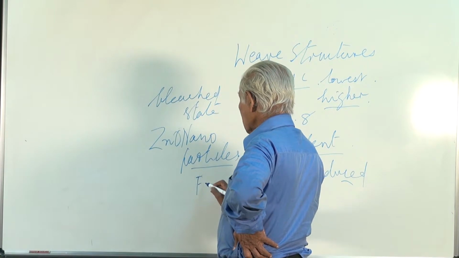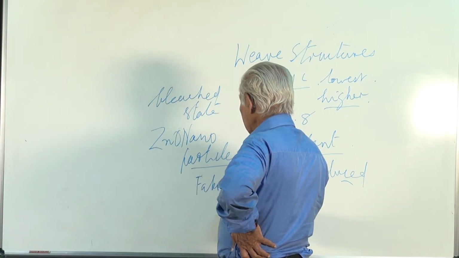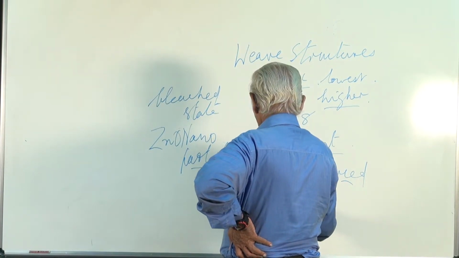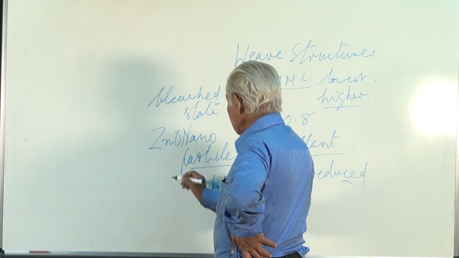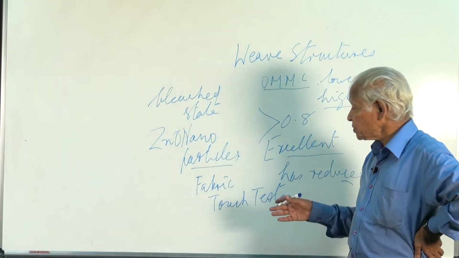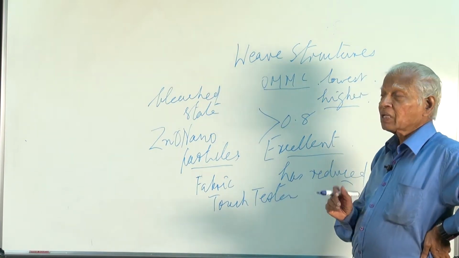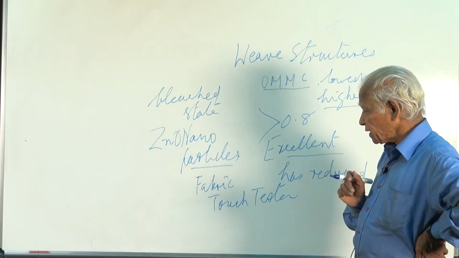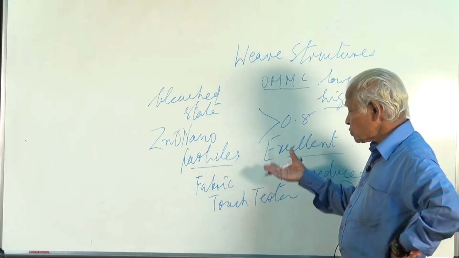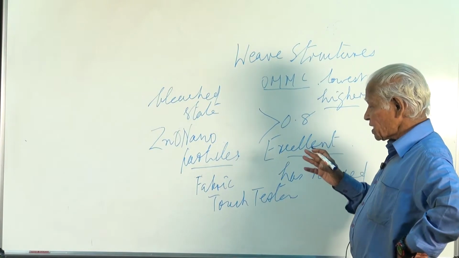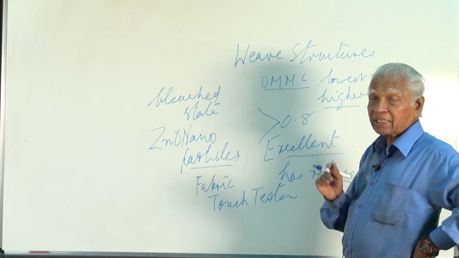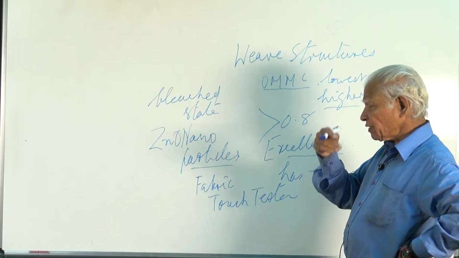Then fabric touch tester also, it will be better to carry out work with fabric touch tester. In fact, Professor Hugh, who developed this YMMC somewhere in the year 2005, also developed this fabric touch tester. So the credit goes to the Hong Kong Polytechnic department for having given to the industry these two testing instruments, one for assessing the comfort, the other everything concerned with the skin and the fabric effect.